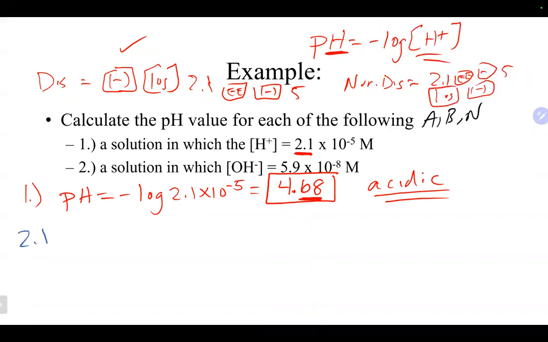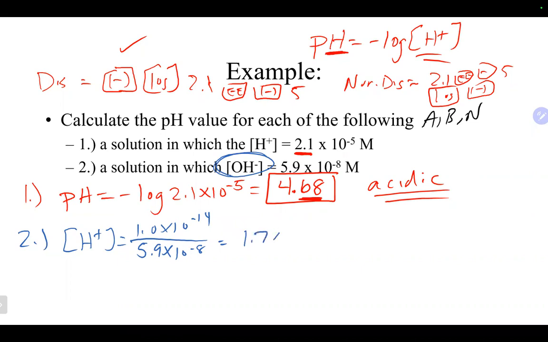Number 2, we actually have the OH minus given to us, not the H plus. So we do need the H plus. So we might want to use our KW here. 1 times 10 to the minus 14 divided by 5.9 times 10 to the minus 8 gets us, we'll call it, 1.7 times 10 to the minus 7 molar.